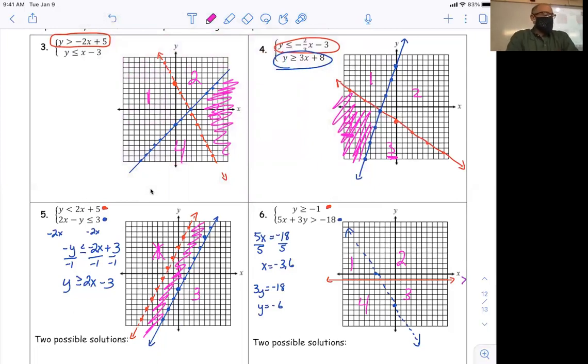If I go to y is greater than -1, which of those areas is greater than -1? We want to shade above -1, so that means we're going to shade up here. So that means that 1 and 2 are the 2 possible answers. So I have eliminated 4 and 3.